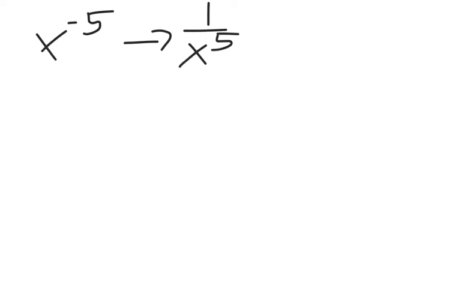So if I had x to the negative fifth power, how could I write this? 1 over x to the fifth.